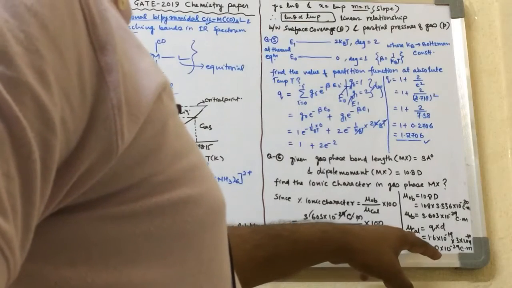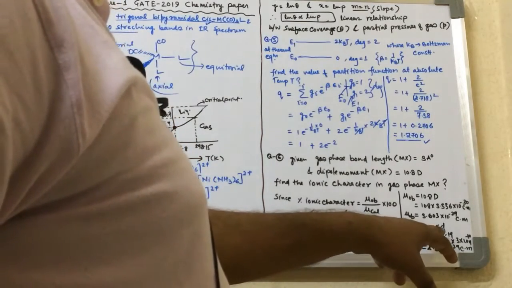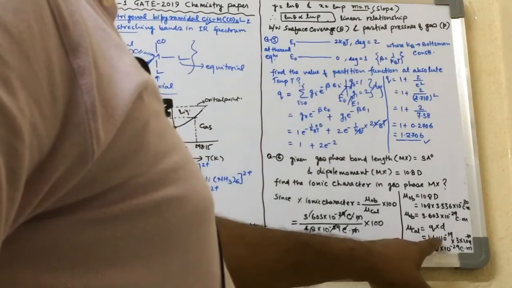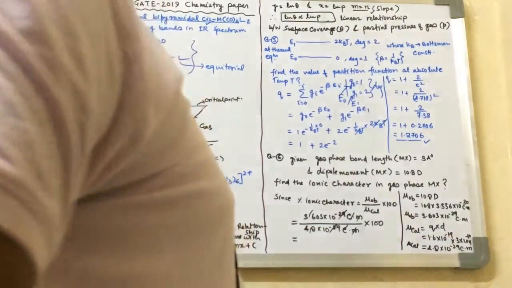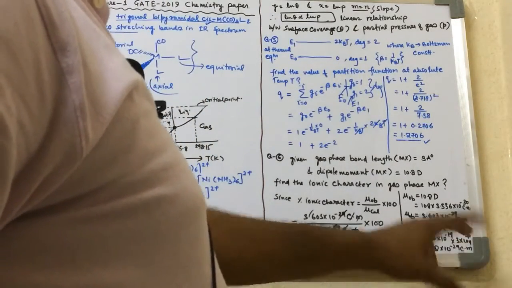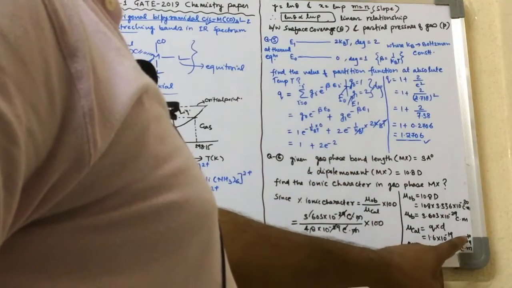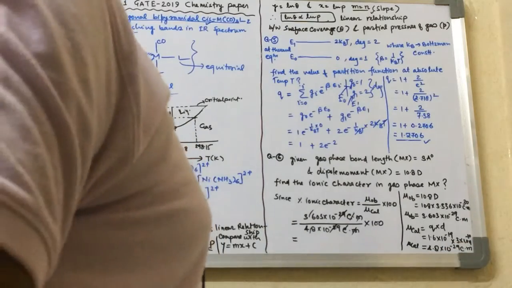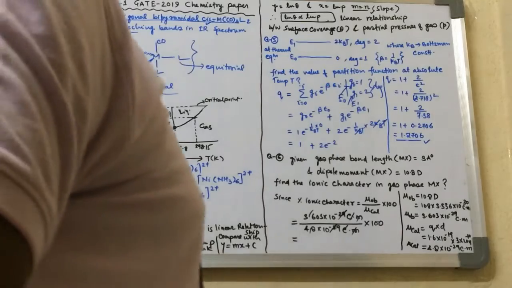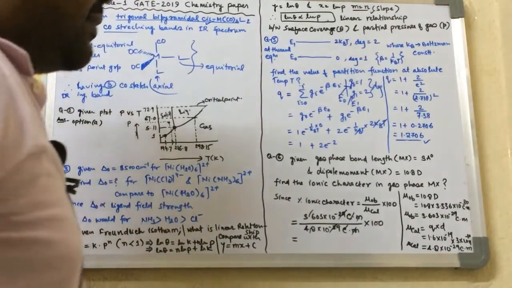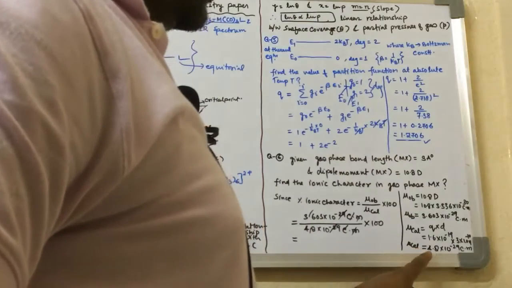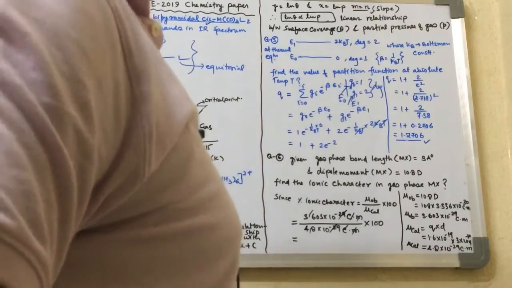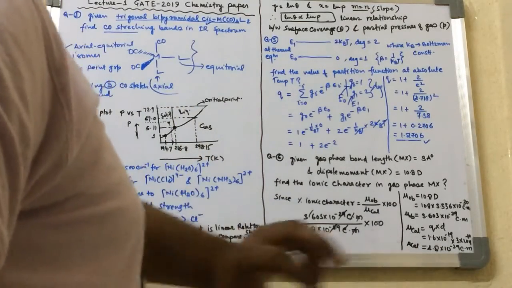We apply the formula mu calculated equals q into d, where q is the charge of the electron, 1.6 into 10 to the power minus 19, and d is the gas phase bond length, 3 angstrom. Converting angstrom to meter, it is 10 to the power minus 10, and finally we get mu calculated as 4.8 into 10 to the power minus 29 coulomb meter.